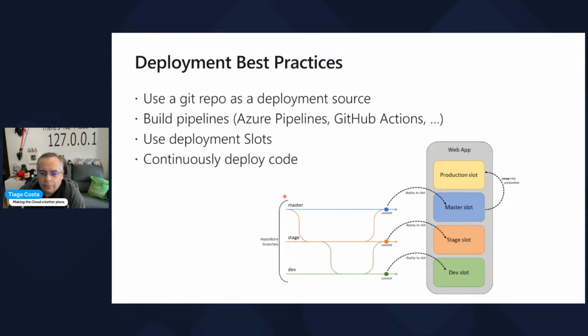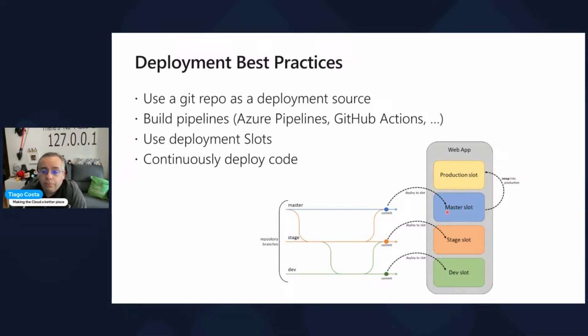And imagine that this is my Git repository. And let's just talk about this part here, my master or main branch. You see that I'm not deploying my main branch to production. I've created here a deployment slot called master slot, main slot, pre-prod, call it whatever you want, really don't care.